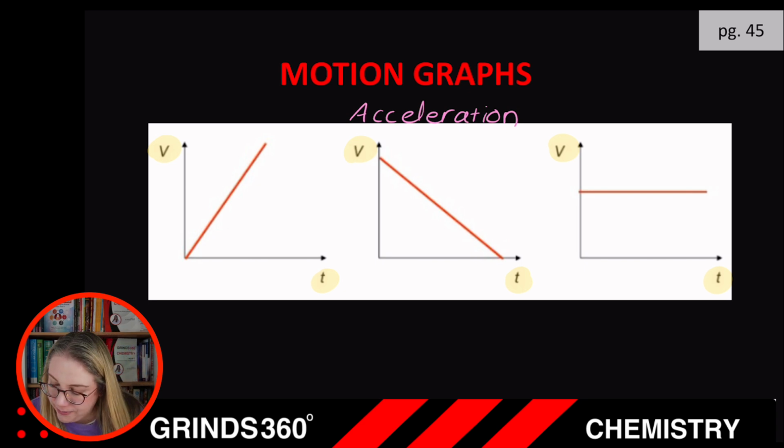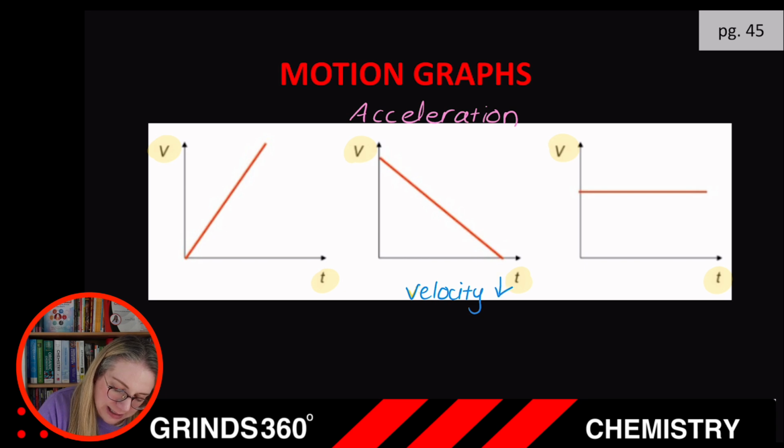Now, the first one is moving with constant acceleration, because we just saw that one. The second one is decelerating because the velocity is decreasing per unit time. So your speed or your velocity is decreasing, whereas this one, your speed is increasing because you're accelerating.